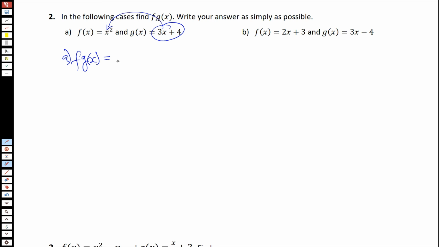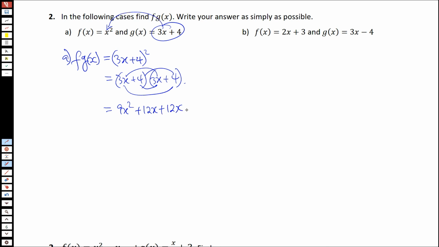So what we end up with is 3x plus 4 squared, which will be equal to 3x plus 4 multiplied by 3x plus 4, and we can FOIL that. So we end up with 9x squared plus 12x plus 12x plus 16, which will be 9x squared plus 24x plus 16.